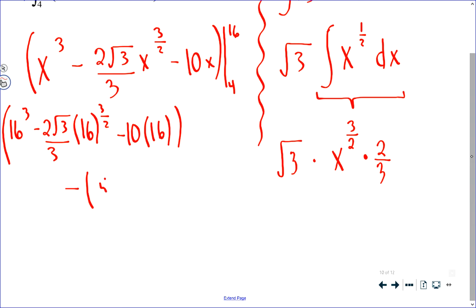So I will have 4 cubed minus 2 root 3 over 3 multiplied by 4 to the 3 halves, and then minus 10 multiplied by 4.